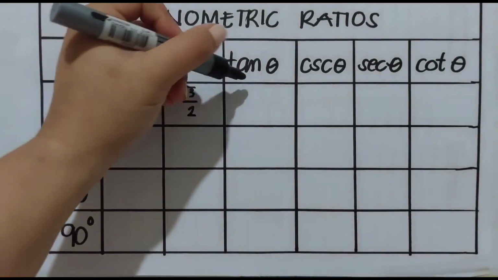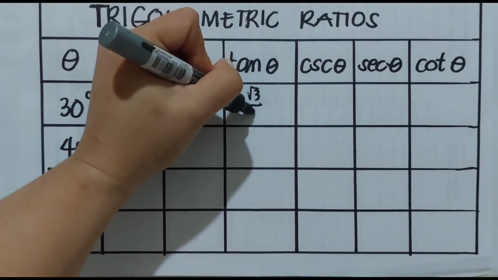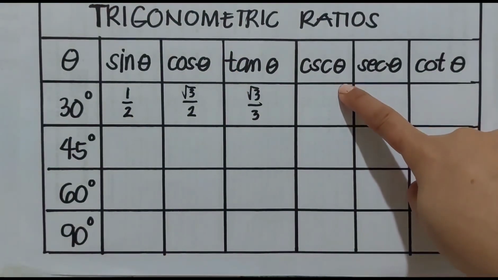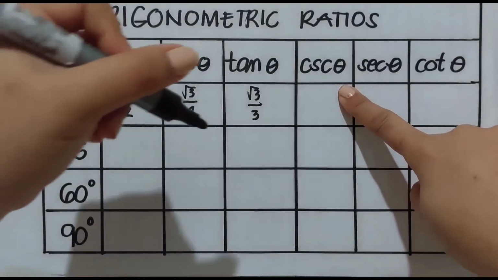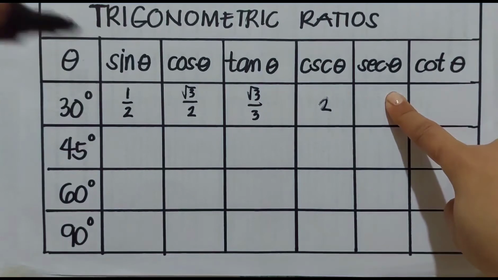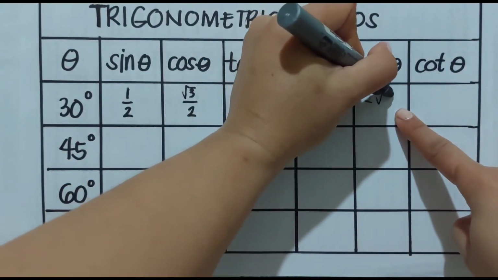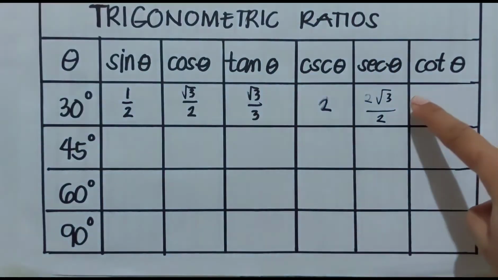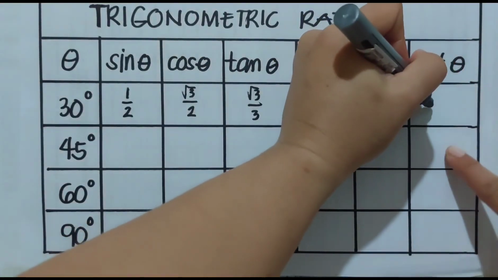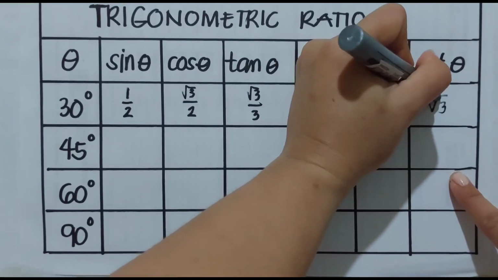That is square root of 3 over 3. And cosecant 30 degrees, that is 2. Secant 30 degrees, that is 2 square root of 3 over 3. Then, cotangent 30 degrees, that is square root of 3.